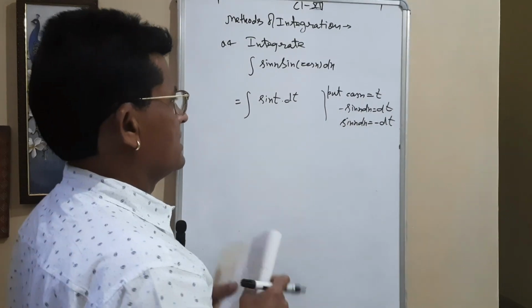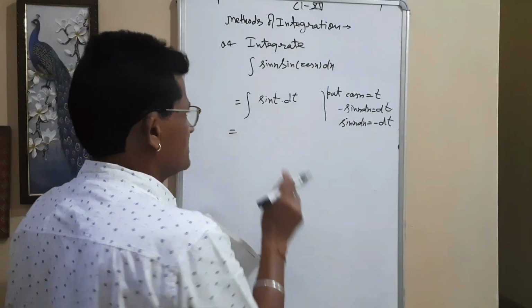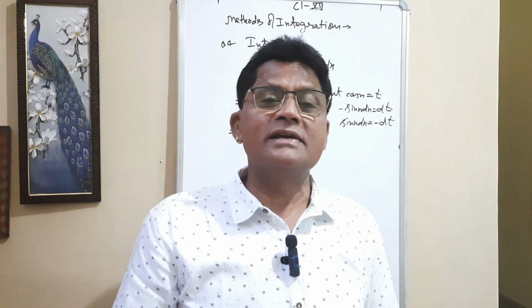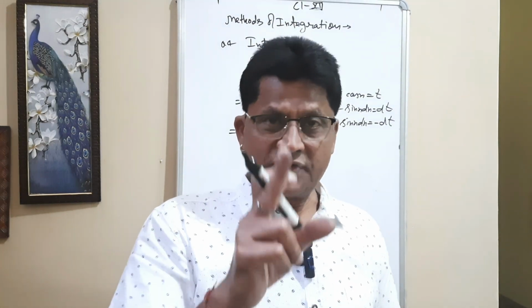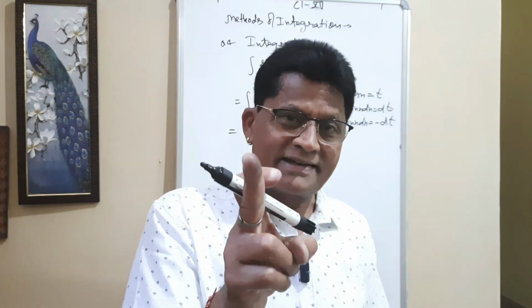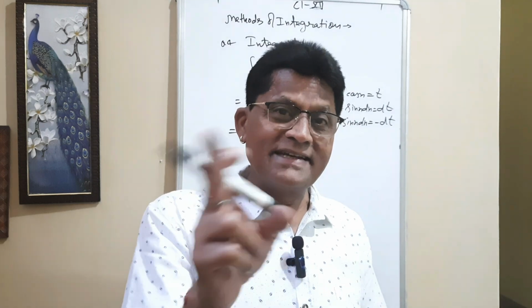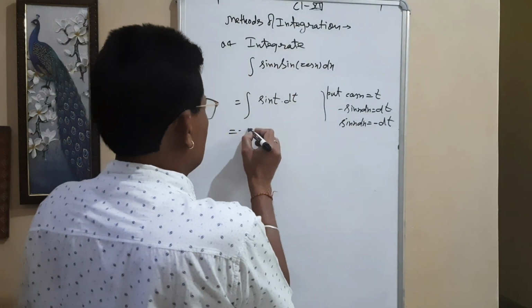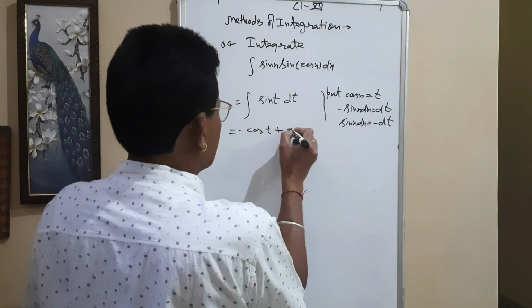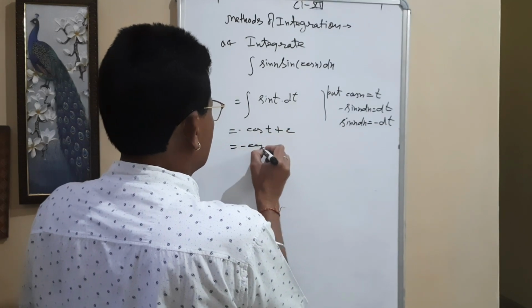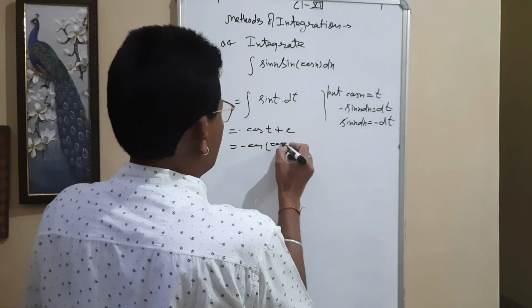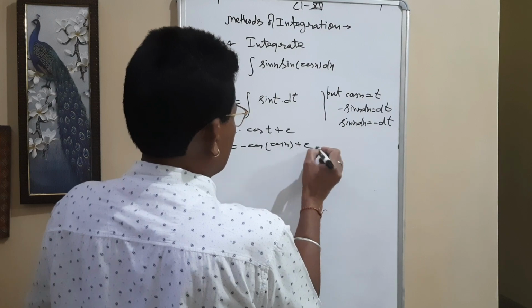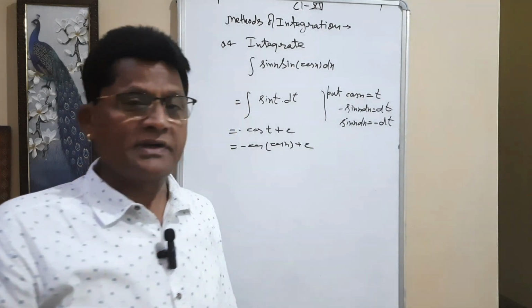Okay? Substitution is over. My dear student, the differentiation of cos x is minus sin x, and the integration of sin x is minus cos x. That is why its value will be cos t plus c. Minus cos t is equal to what? Cos x plus c. It is the integration of it.